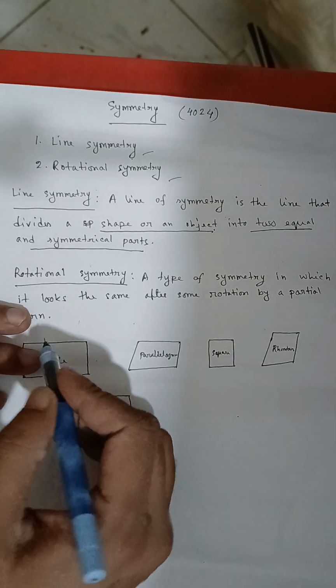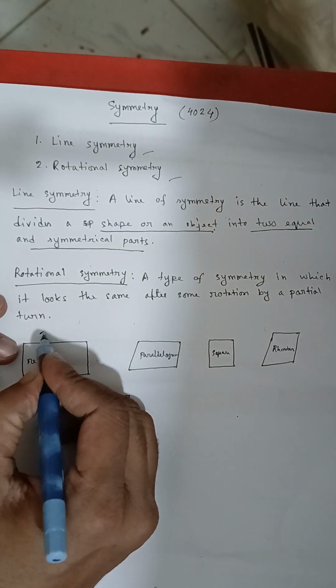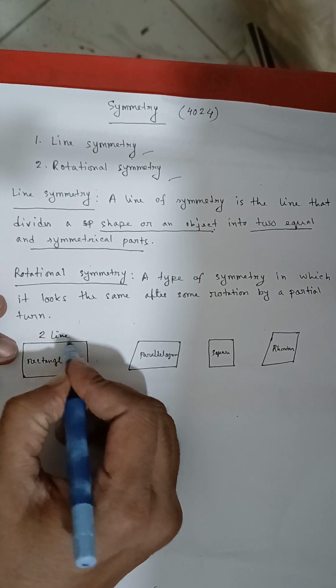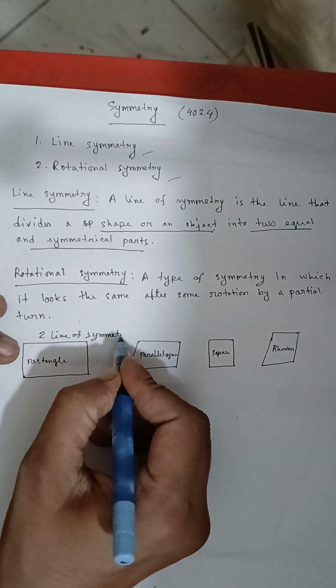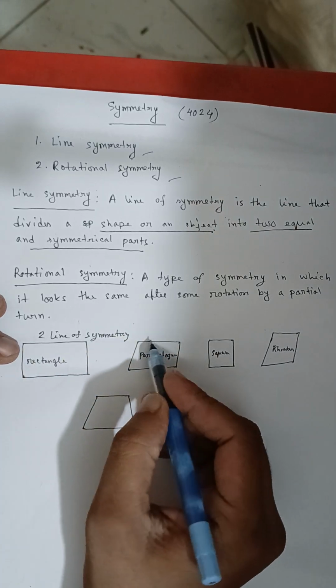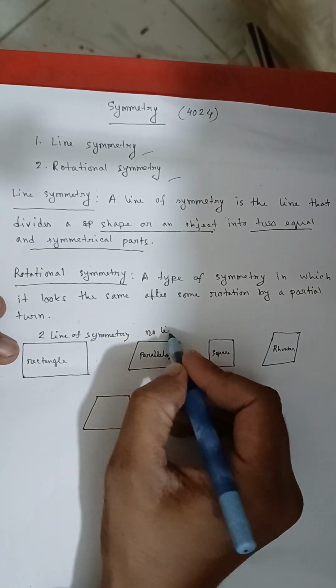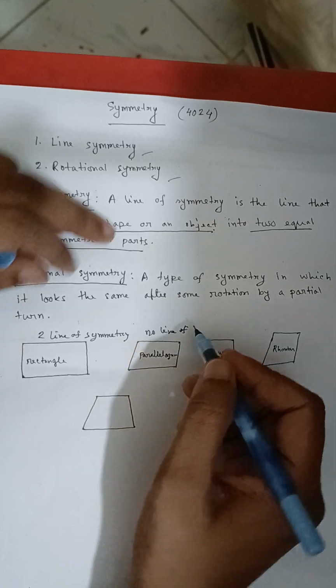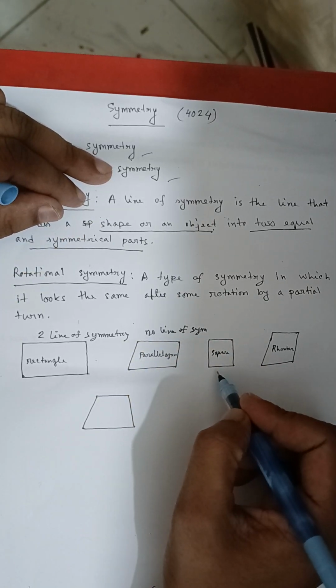So how many lines of symmetry does a rectangle have? Two. How many does a parallelogram have? It has no line of symmetry. How many does a square have?